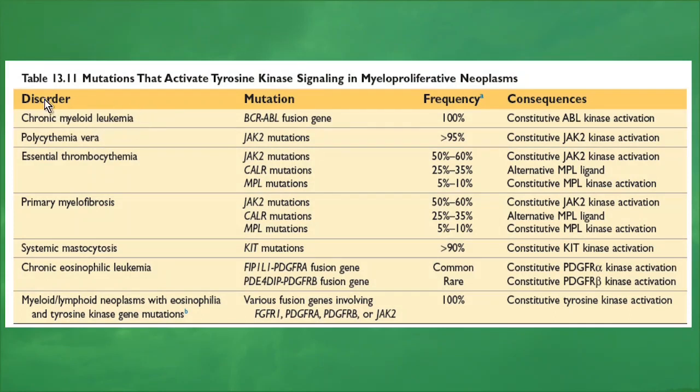In chronic myeloid leukemia, the BCR-ABL fusion gene will be there in all CML. To call something CML without BCR-ABL is difficult. All CMLs will be BCR-ABL positive.